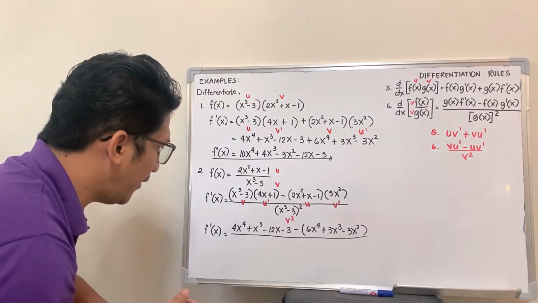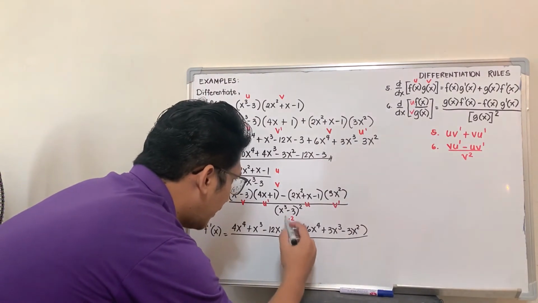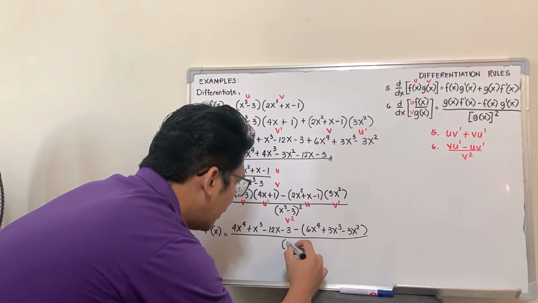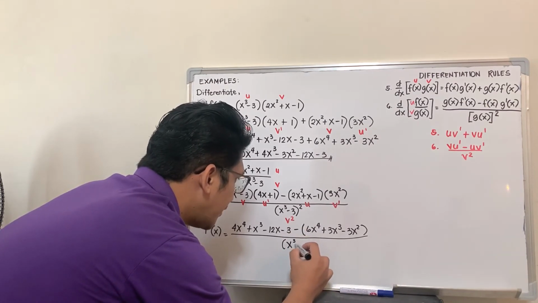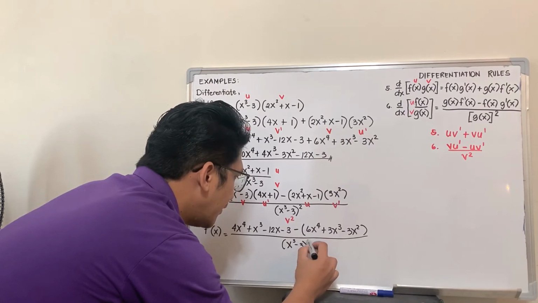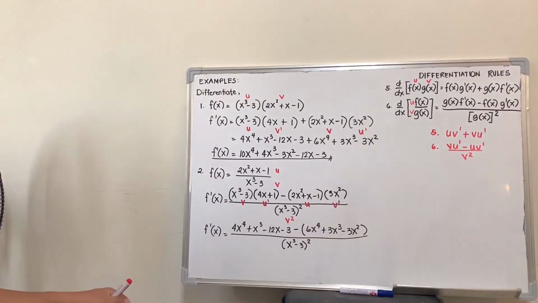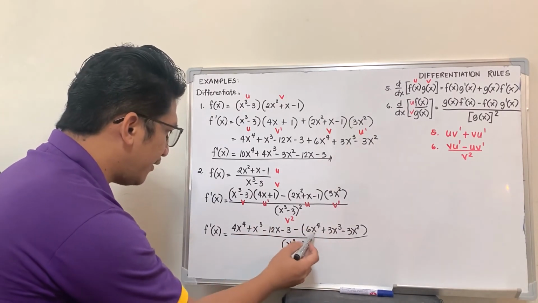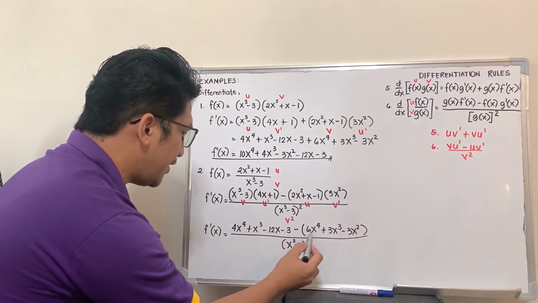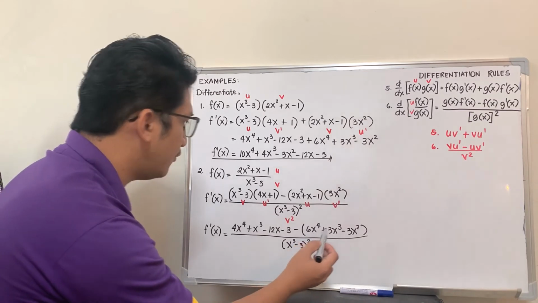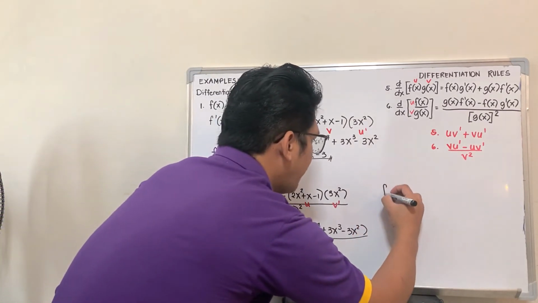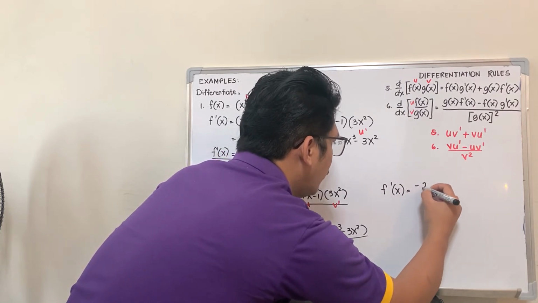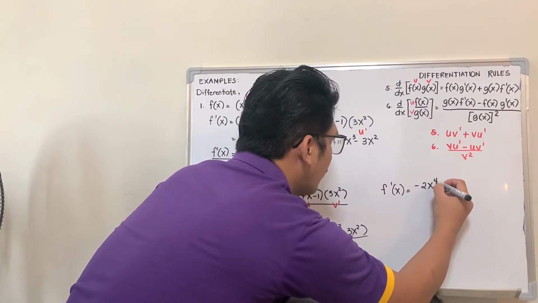So from here, I'll copy the denominator, x cubed minus 3, squared. Now we combine terms. The degree 4 terms, 4x to the 4 and negative 6x to the 4, give negative 2. So f prime of x is equal to negative 2x raised to 4.